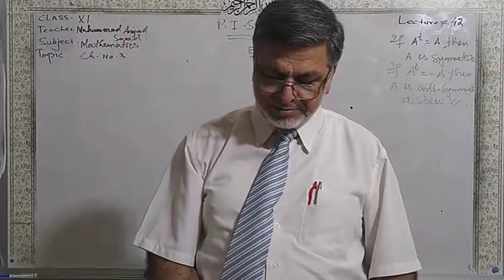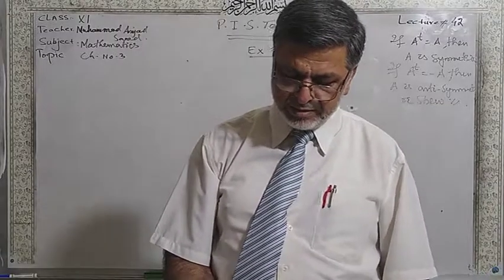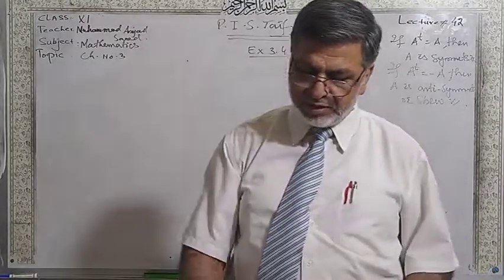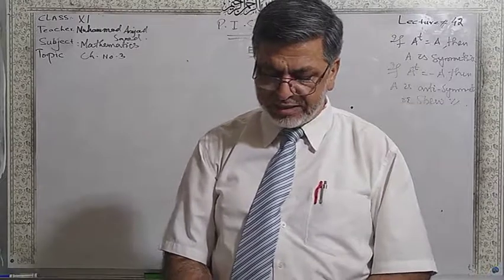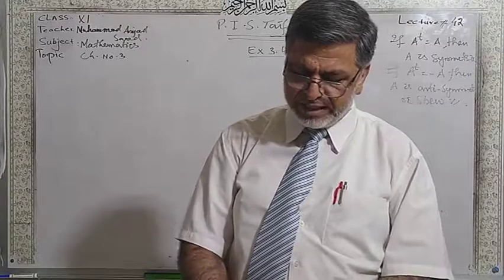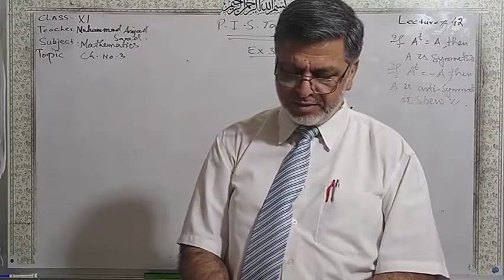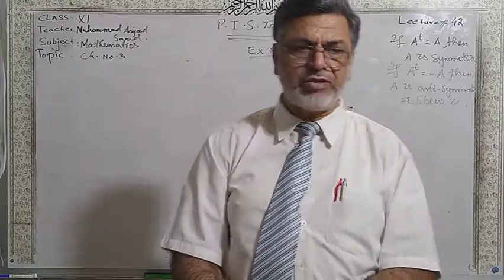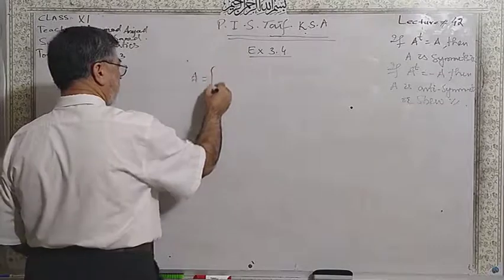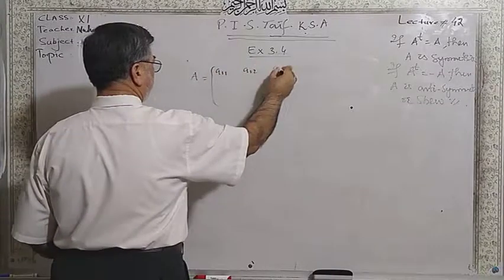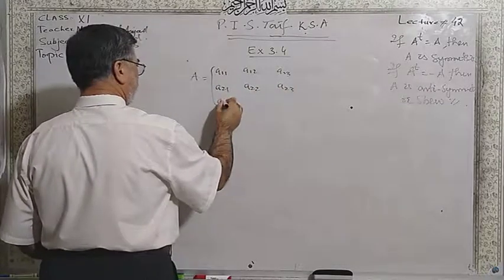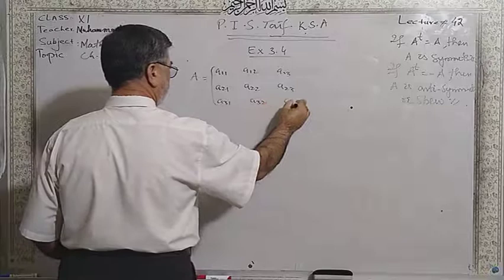After that, question number 3. If A is any square matrix of order 3, then show that A plus A transpose is symmetric, and A minus A transpose is skew symmetric. This is a 3 by 3 matrix, and you can write down the A matrix as A11, A12, A13, A21, A22, A23, A31, A32, A33.